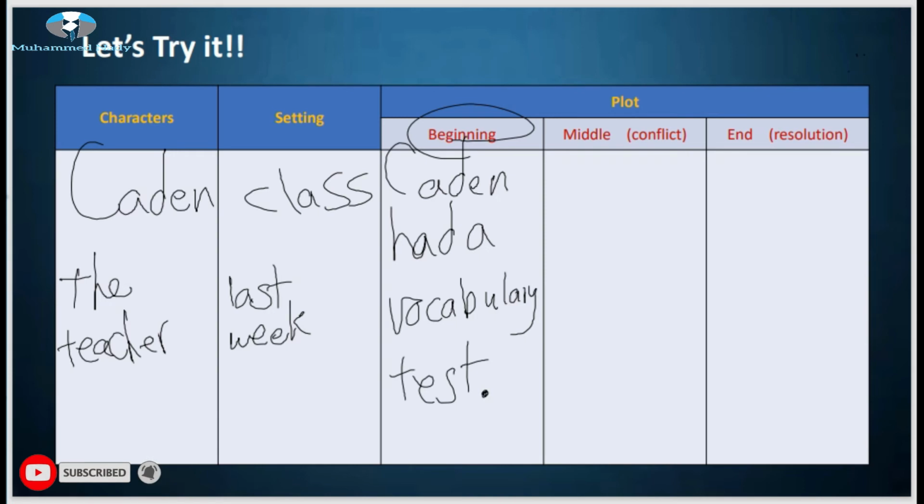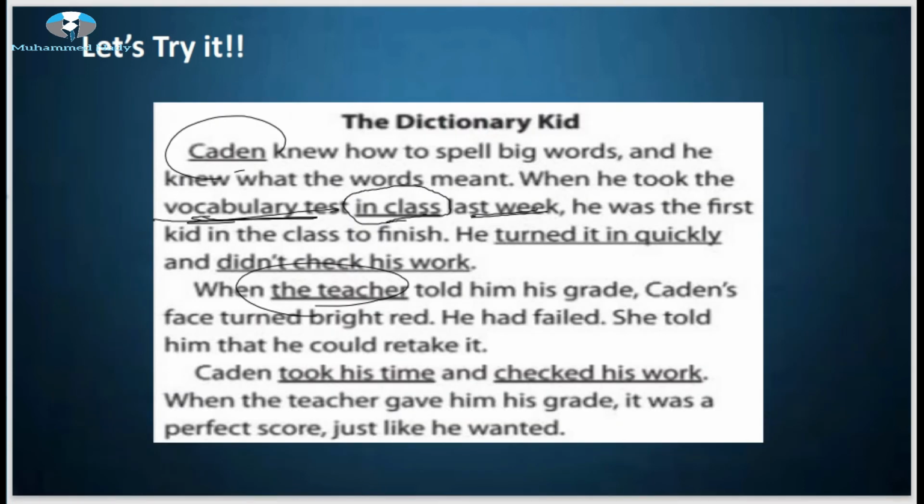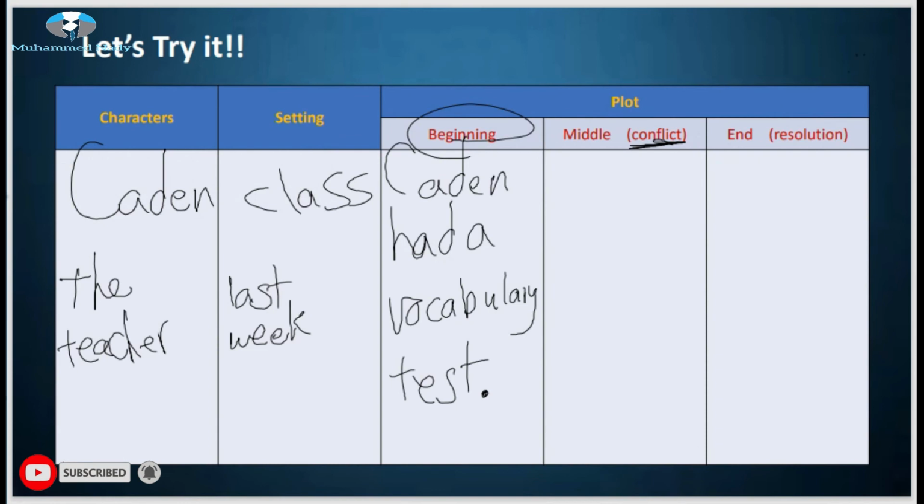Period at the end. And now, what about the middle, which is the conflict of the story? Let's get back to the story. What's the problem that he faced in his story is that he had failed. So, the middle, capital letter in the beginning, he had failed.